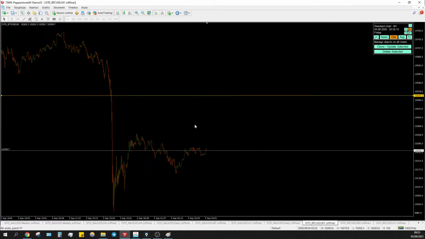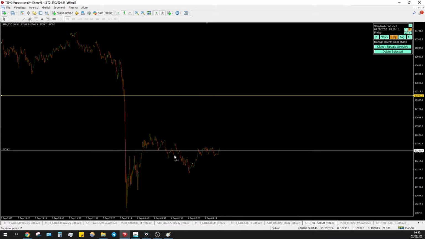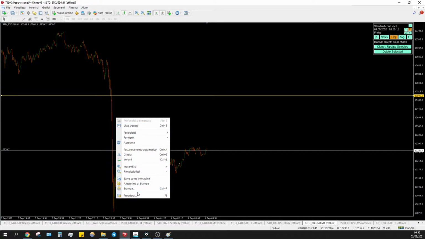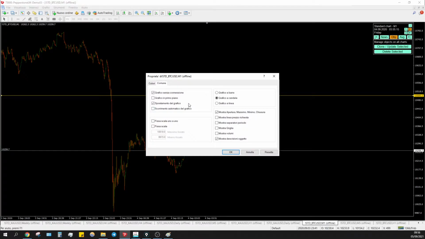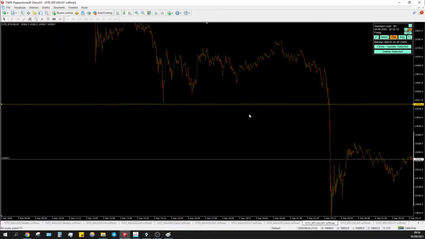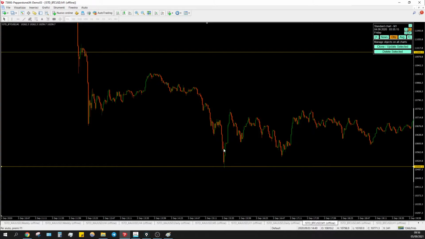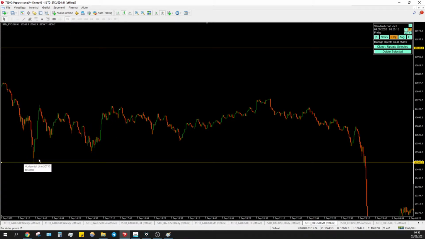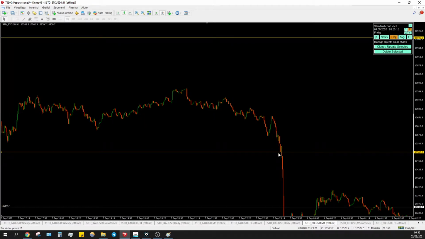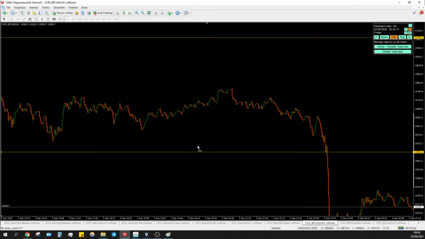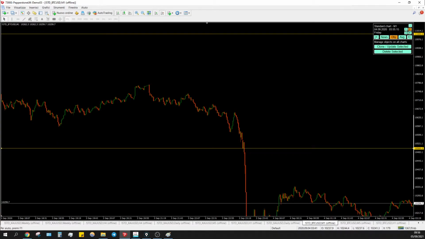So okay, let me do this. Okay, awesome. As you can see, clear rejection at 10,500. As well here you have a bounce off the level and a continuation down.